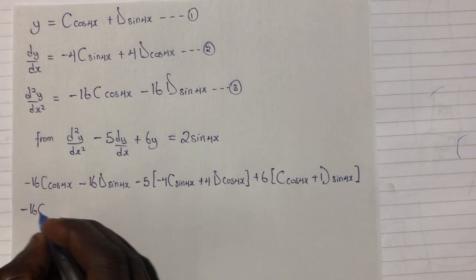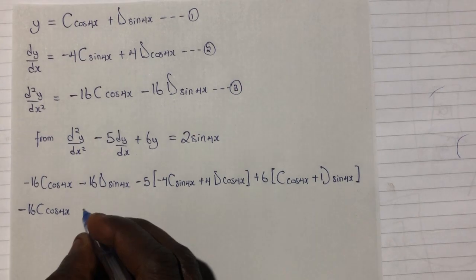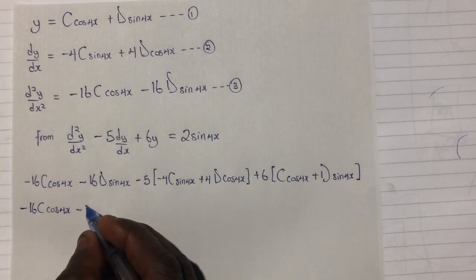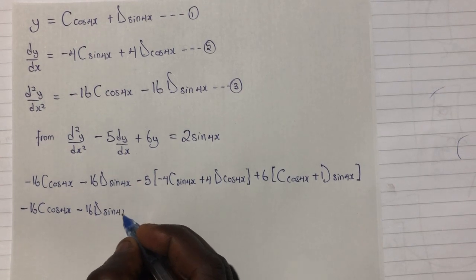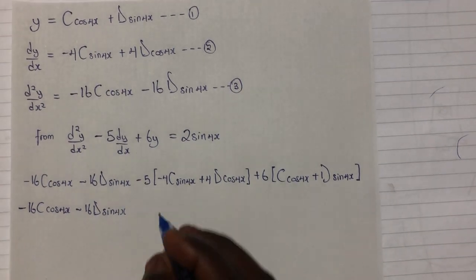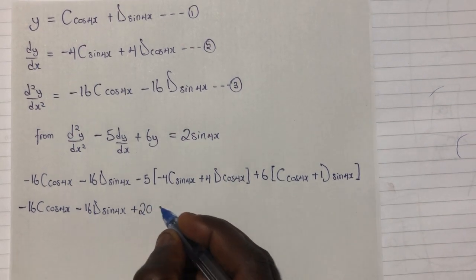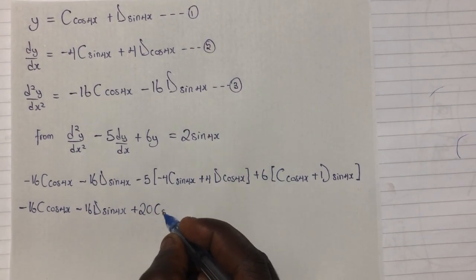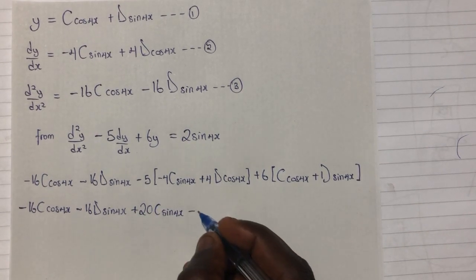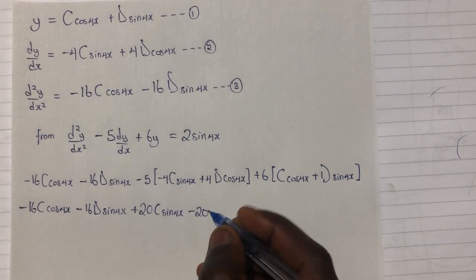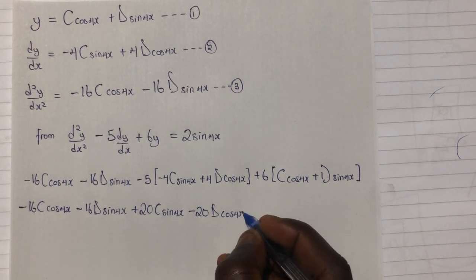minus 16c cos 4x, then minus 16d sine 4x. Then we have minus 5 times this will give us plus 20c sine 4x. This time this will give us minus 20d cos 4x.